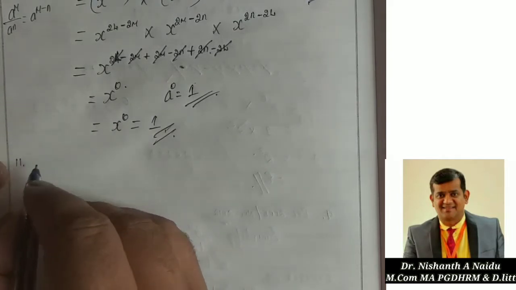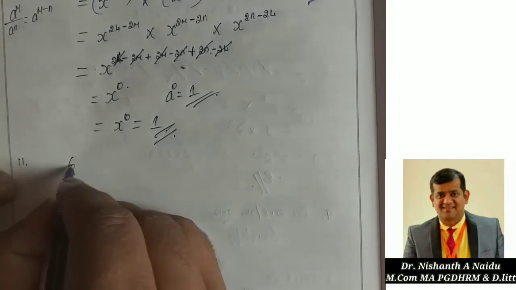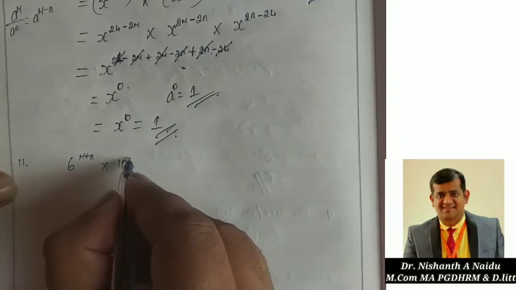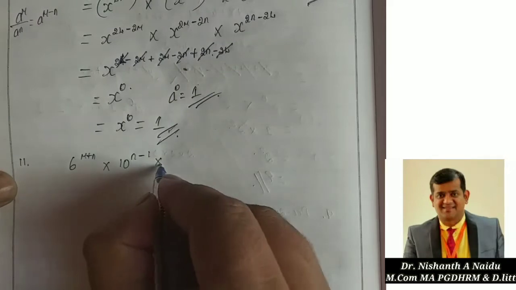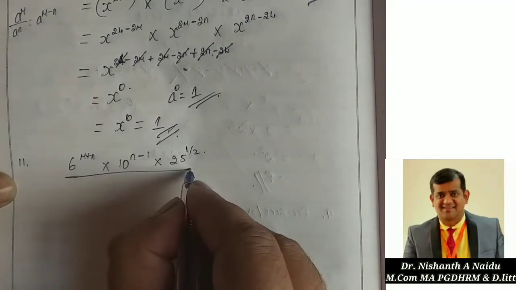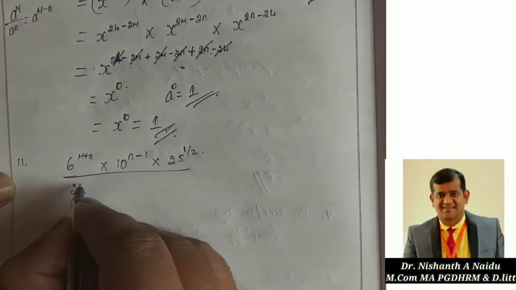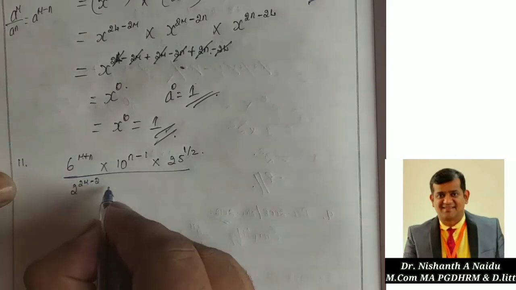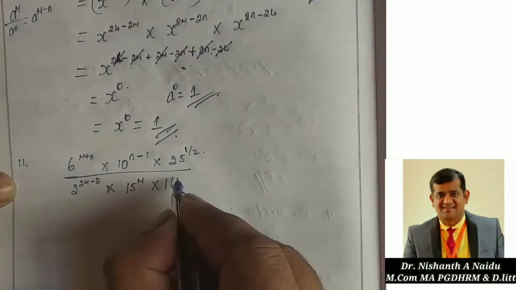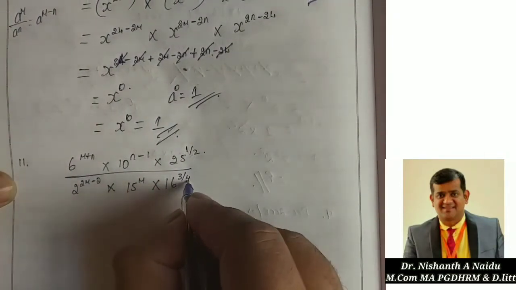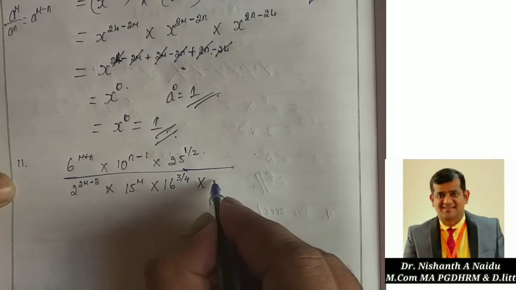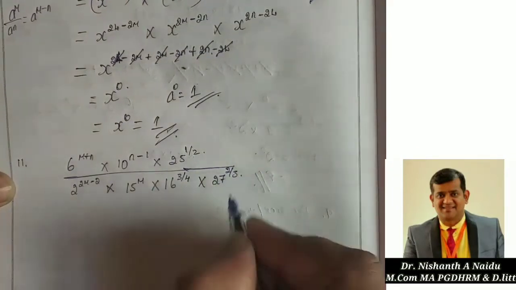So the problem is 6 to the power m plus n into 10 to the power n minus 1 into 25 to the power 1 divided by 2, divided by 2 to the power 2m minus 2 into 15 to the power m into 16 to the power 3 divided by 4 into 27 to the power 2 divided by 3.